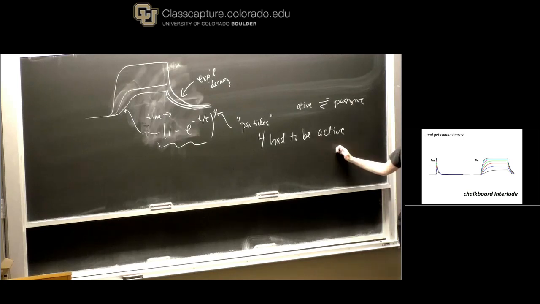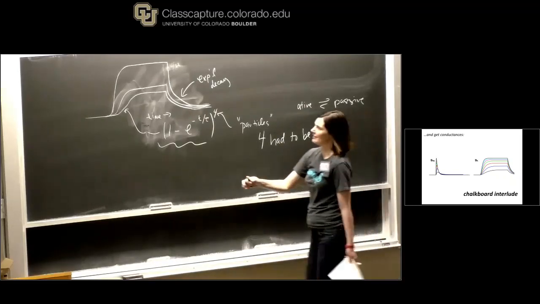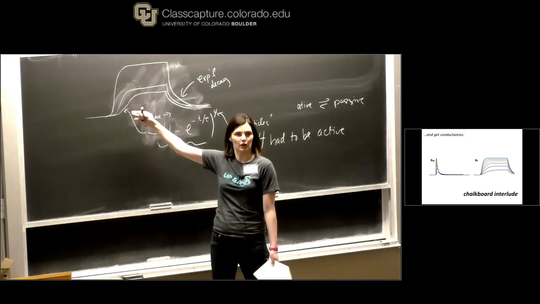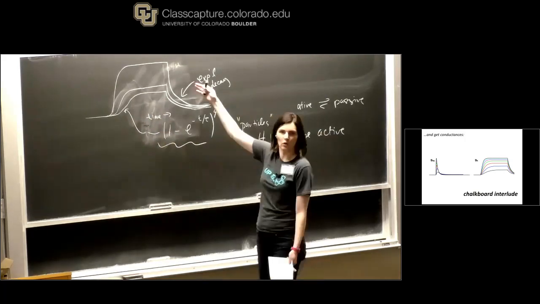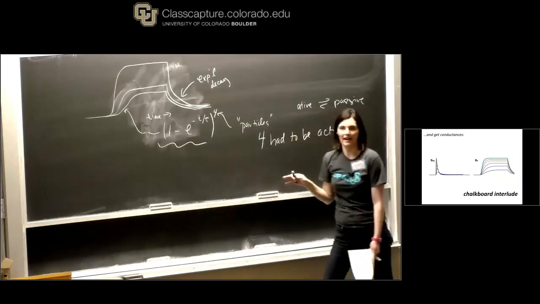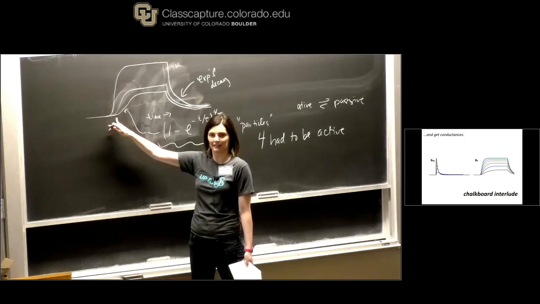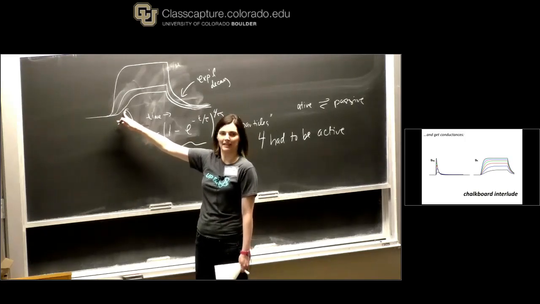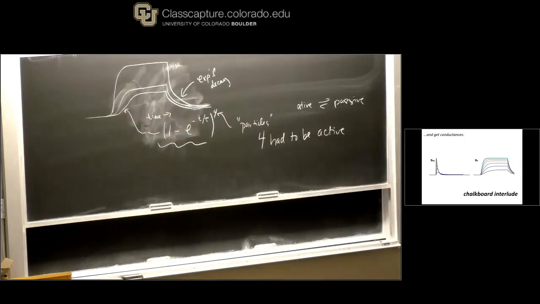But then only 1 has to go back for you to close. So they said that this looked like something raised to the 4th. You needed 4 things to happen together. They're independent, they all have to become active, and then as soon as one of them closes, you shut down. And that's why your time behavior looks funky. It looks like, you know, you've got 4 things that need to happen to get going. Only 1 thing needs to shut off to get you that exponential decay.